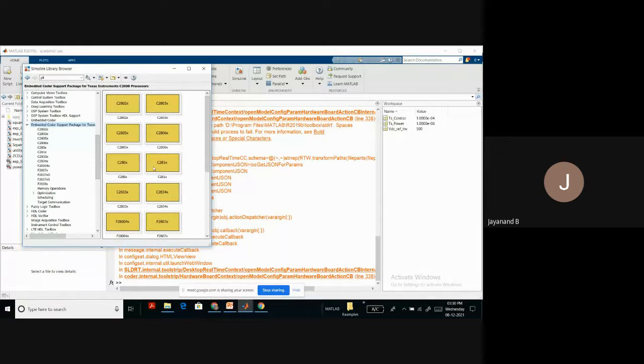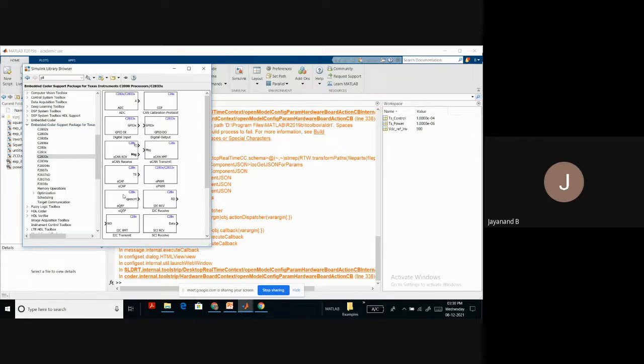Right? It supports almost all the blocks, boards. Right? So if we have a 28335 board, we have to choose these blocks. Right? So analog to digital converter, ADC pins are there, blocks are there, PWM pins are there, digital output digital pins are there. Right?